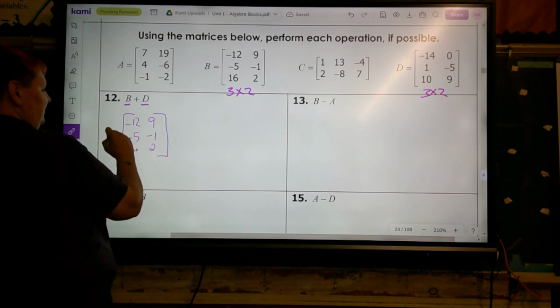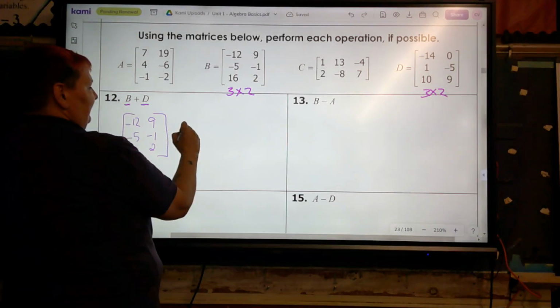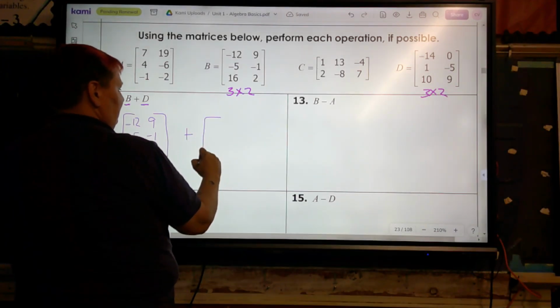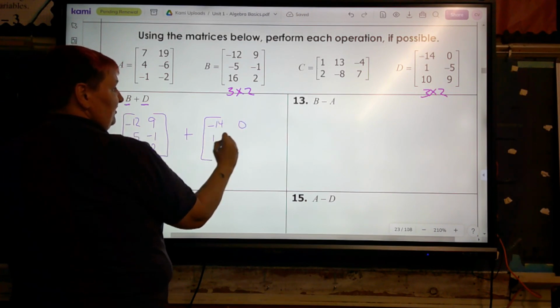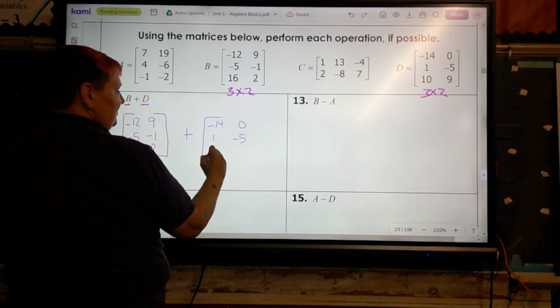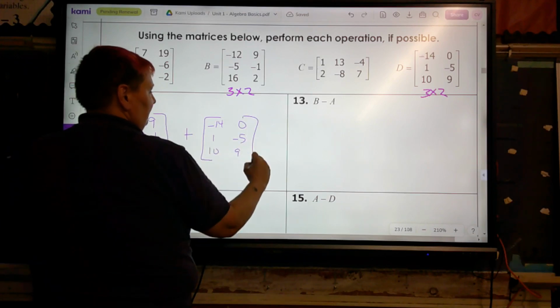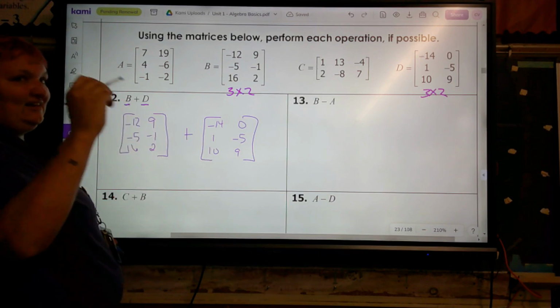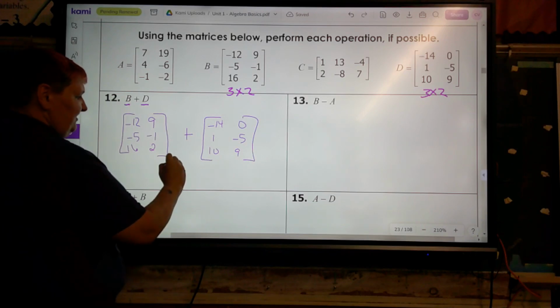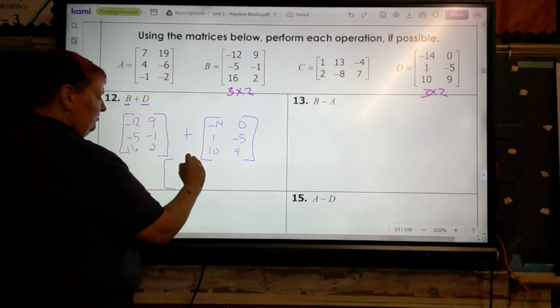And we're adding D, which is negative 14, 0, 1, negative 5, 10, and 9. We're going to create a new matrix that's exactly the same size, 3 by 2.